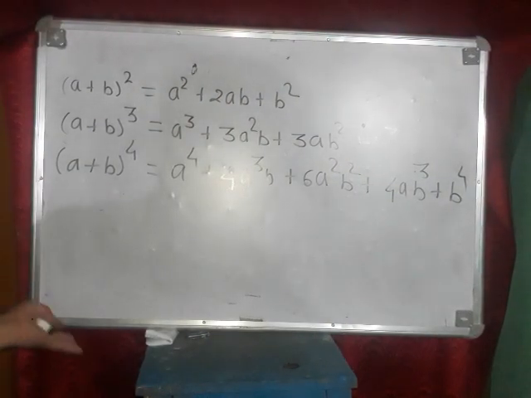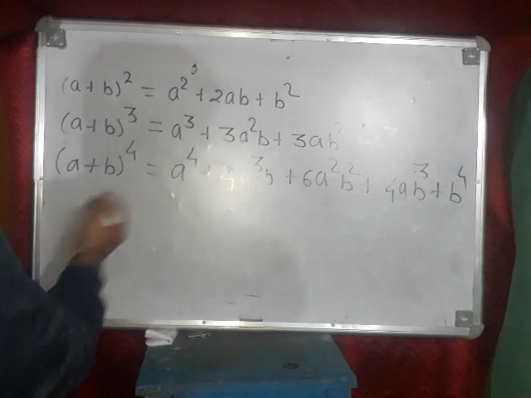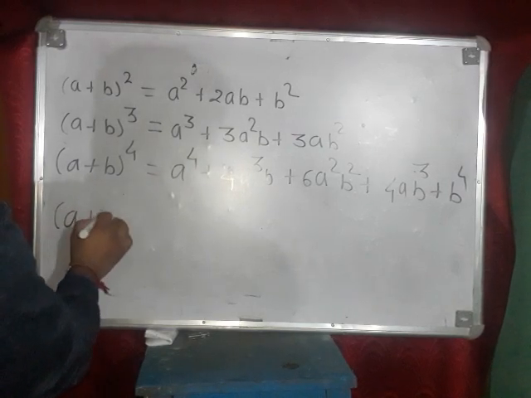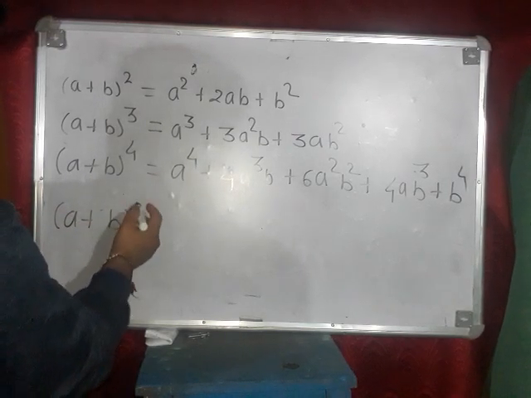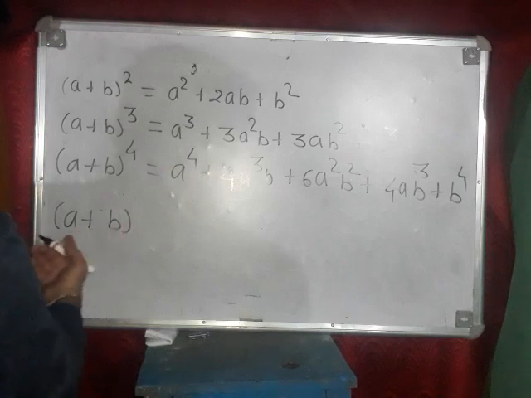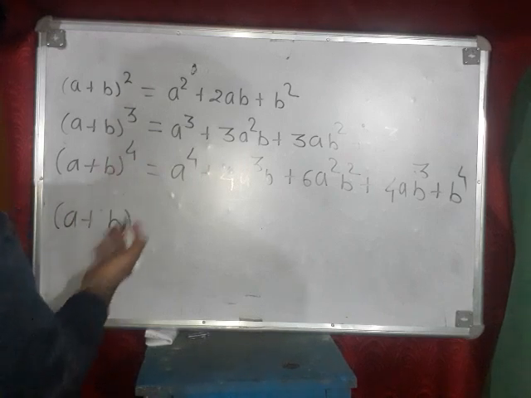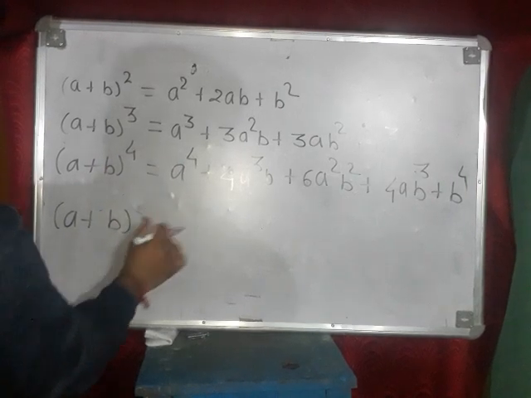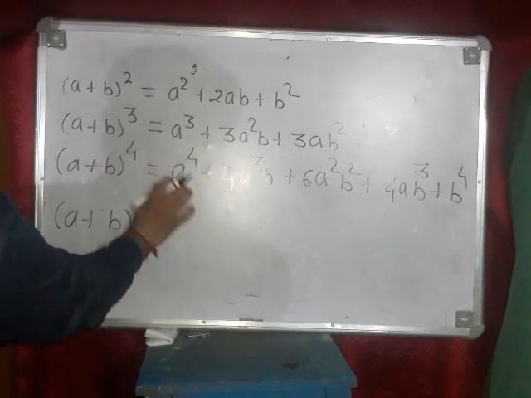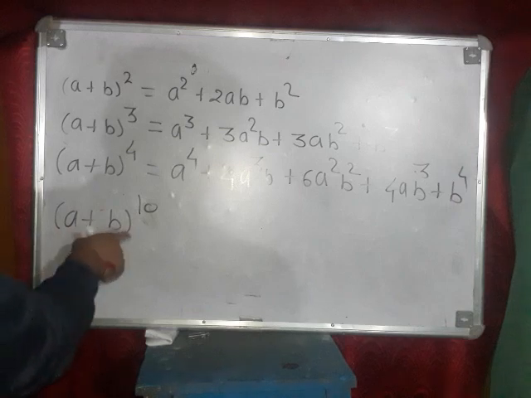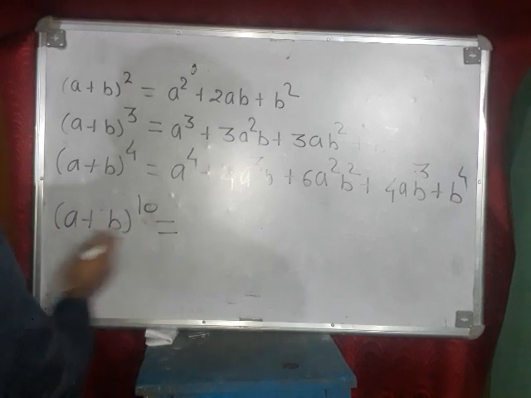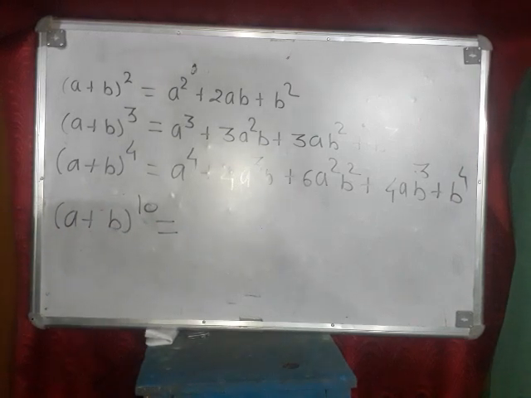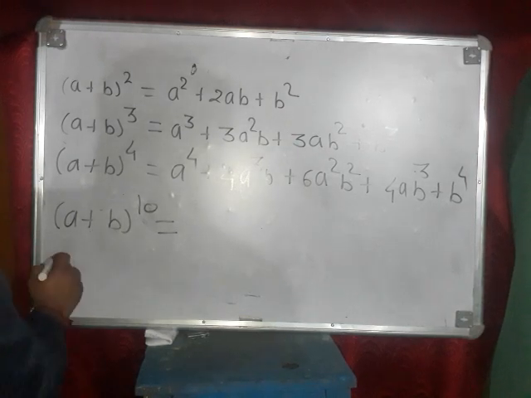If there are higher powers of a plus b, like x plus y or 1 plus x, with power 5, 8 or 10, then the expansion of a plus b whole to the power 10 is very tough to memorize.